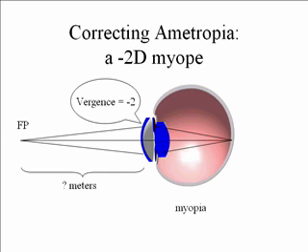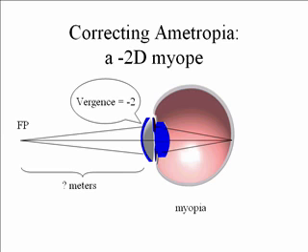But for low refractive errors like -2, it effectively doesn't matter. So we're going to have that conversation later. For the time being, let's pretend that a -2 myope means that it's someone who wears -2 spectacles and someone who needs a vergence of -2 striking his cornea.